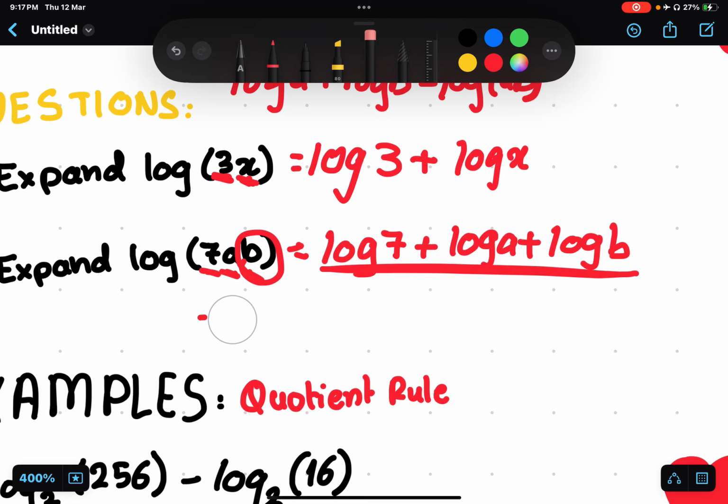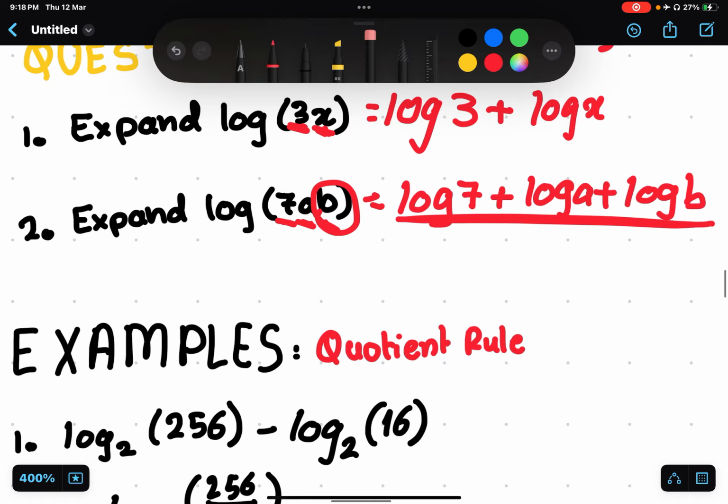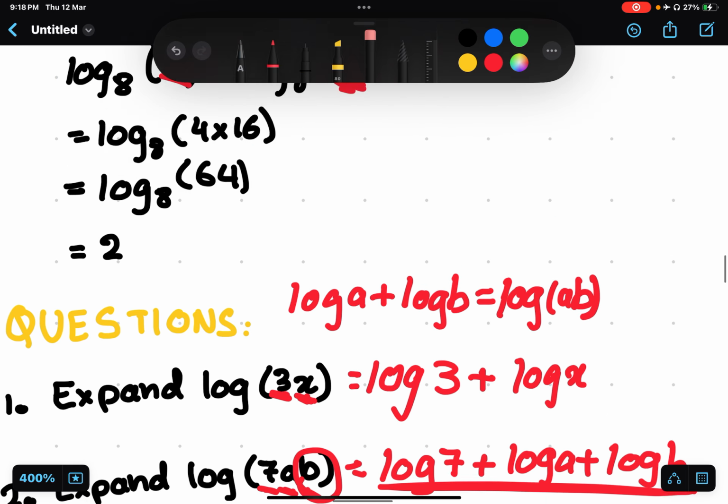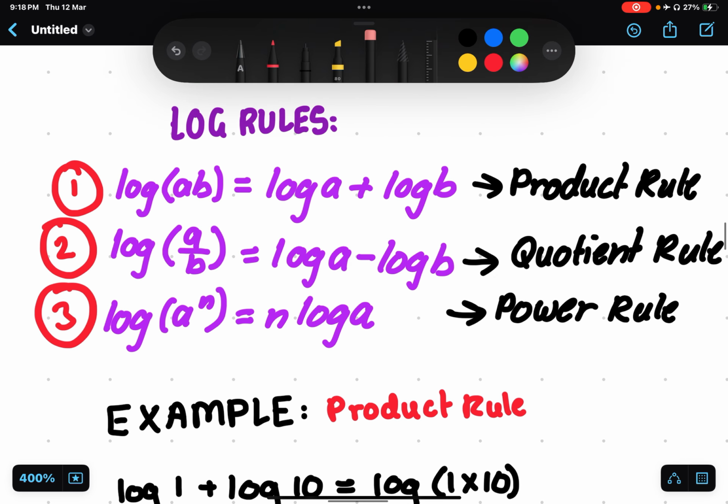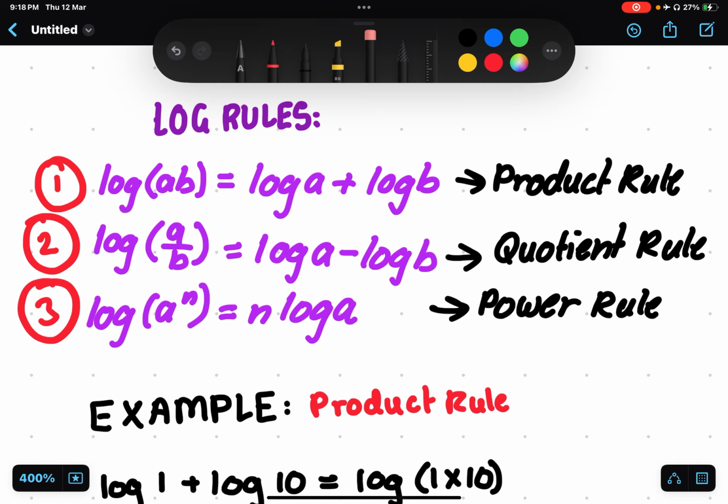Okay. Now let's move on to the next rule, which is the quotient rule. So I'm just going to scroll up and show you the quotient rule, our second very cool rule. So that is, if we have log a divided by b, that is equal to log a minus log b.